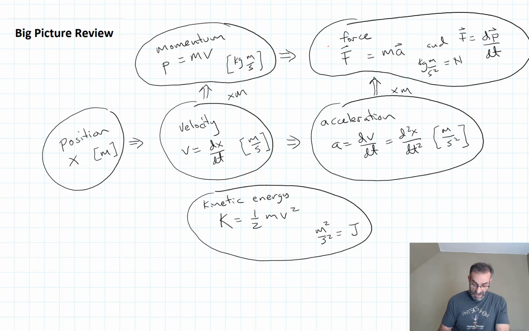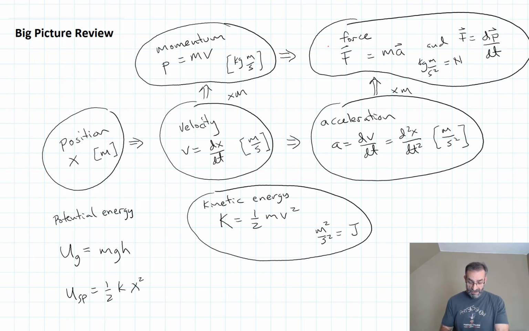But we also know we have energy terms that are linked to position. Those are our potential energy terms, where the gravitational potential energy is mgh. H is linked to position. And our spring potential energy, 1/2 k, where k is the spring constant, times x squared. So again, we're linked to position, how much that spring is stretched or compressed.